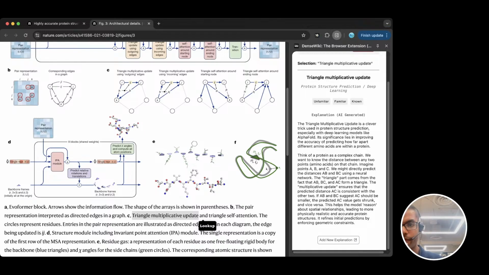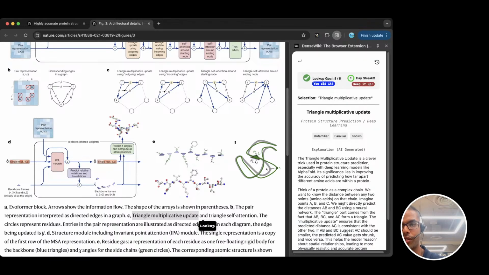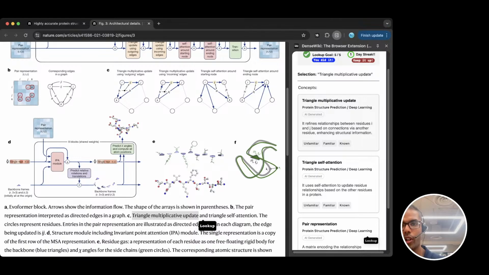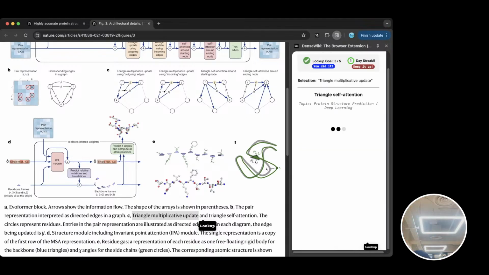I guess the last part is the main one, which is basically you're trying to make sure that it enforces some geometric constraints, some sanity checks on its own predictions of positioning.